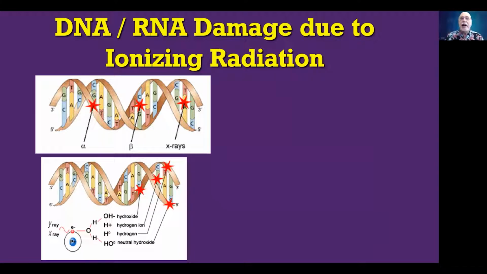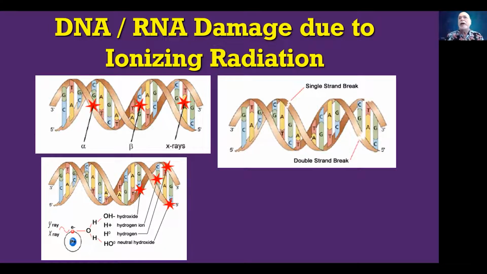In addition, X-rays can transfer their energy to water molecules, and then the highly reactive water molecules are able to cause breaks. The bottom line is you get double-stranded and single-stranded breaks in the RNA and DNA.